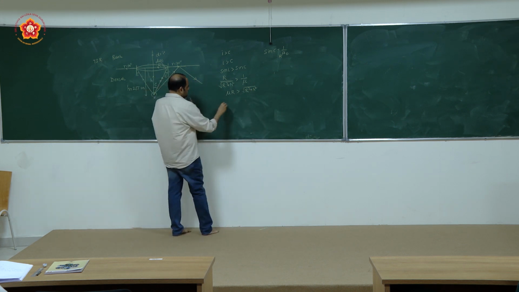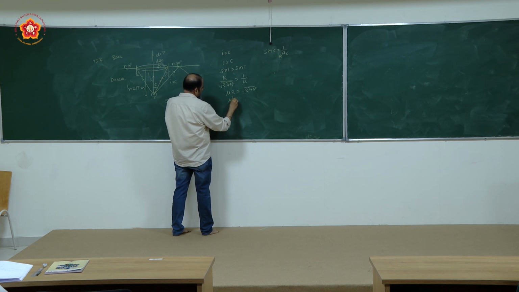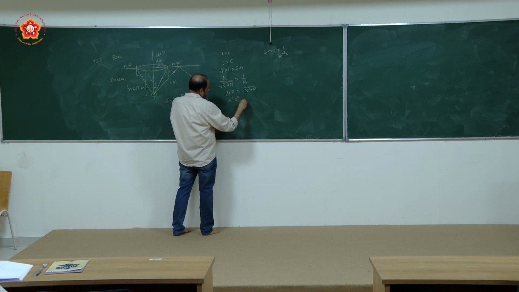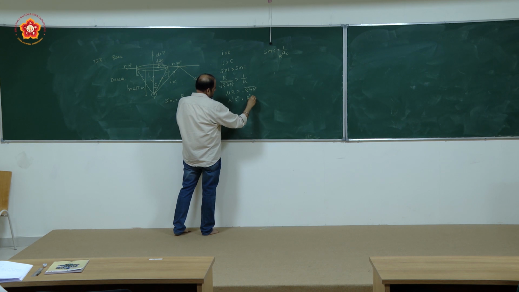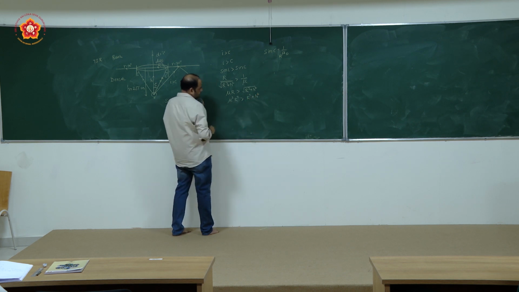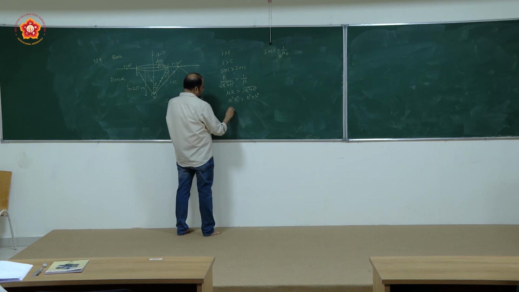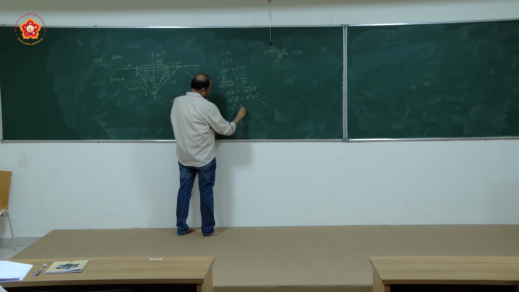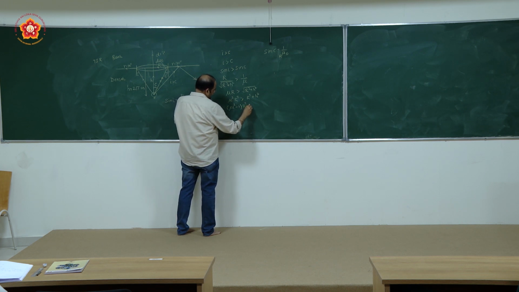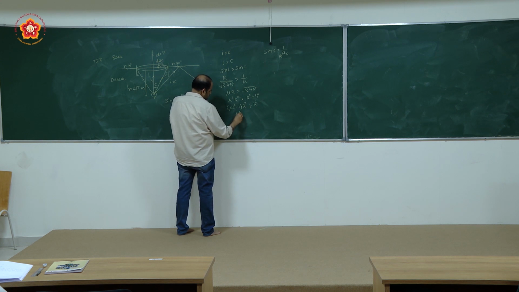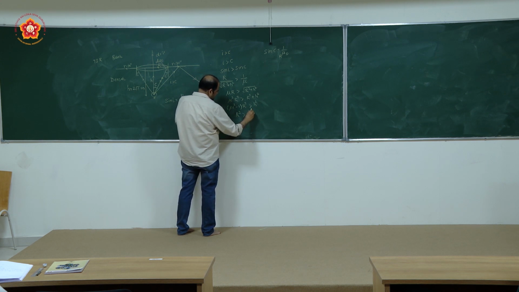Taking the square of both the sides, you will have mu square R square greater than R square plus H square. I am subtracting R square from both the sides, so you have mu square minus 1 into R square greater than H square. So the value of R square should be greater than H square divided by mu square minus 1.